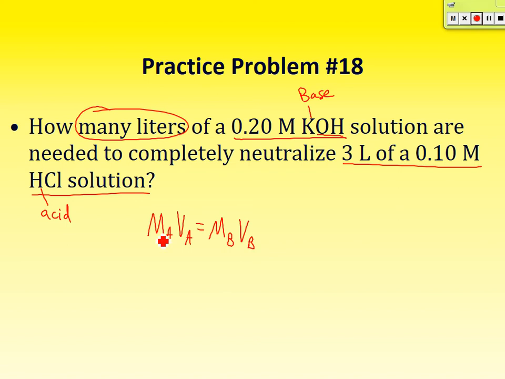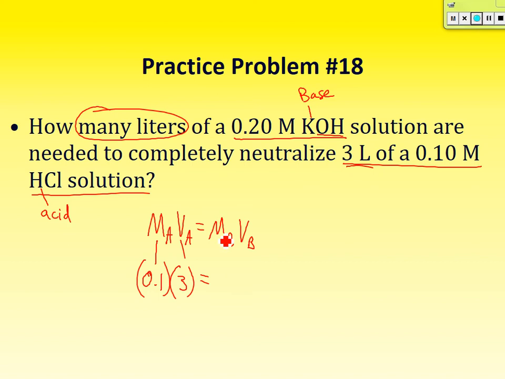Did it give us the molarity of the acid? Yes, it did. The acid, remember, was HCl. So the molarity was 0.1. So 0.1 goes there. Let's times that by the volume of the acid. It said we had 3 liters. So 3 goes in there. It's equal to the molarity of the base.